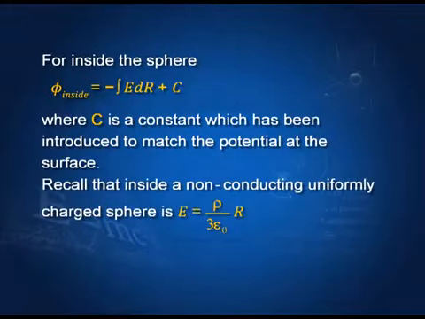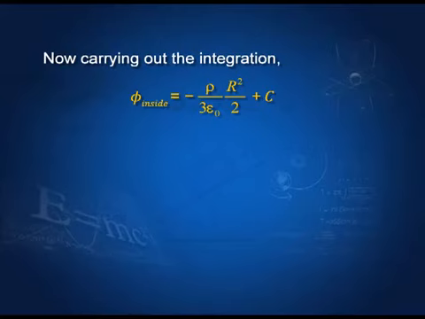Remember, E is rho by 3 epsilon 0 times r, as we found in the last lecture. So phi inside is minus rho by 3 epsilon 0 times the integral of r dr, which is r squared by 2, plus a constant c.